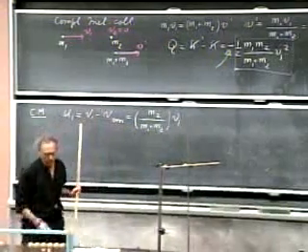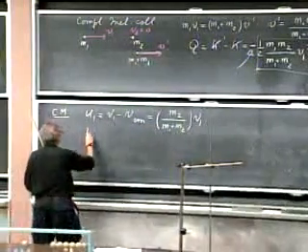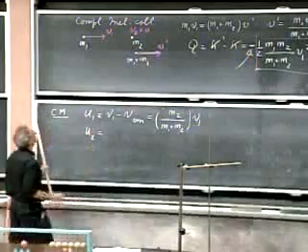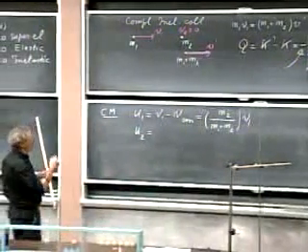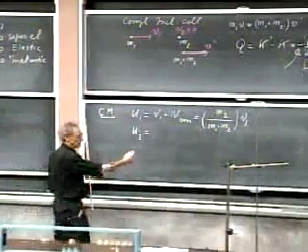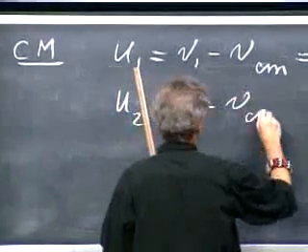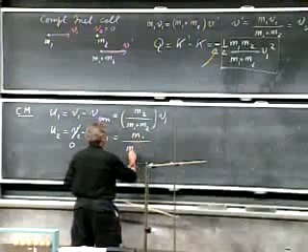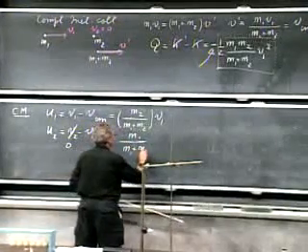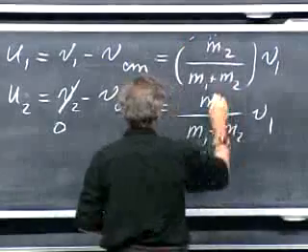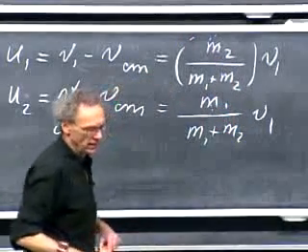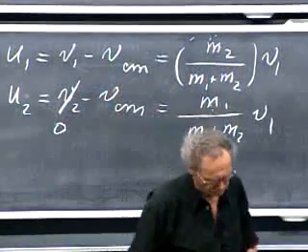And you check that, I hope. And now we go to calculate U2. We want to know what the velocity is, in the center of mass frame, of the other one. That, of course, is V2 minus V center of mass, but V2 was 0. This is M1 divided by M1 plus M2 times V1.